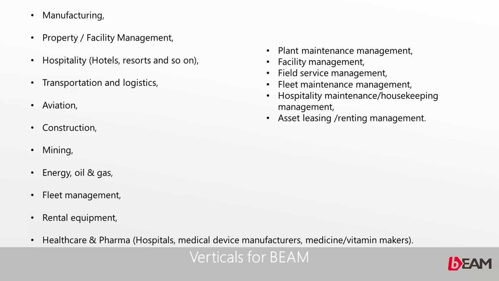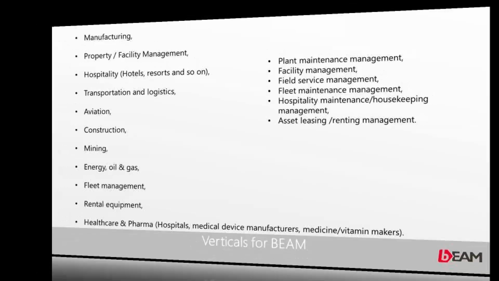In addition, healthcare and pharma industry also enjoy the benefits of BIM. So these are the typical verticals that we offer BIM. And you can perform plant maintenance management, facility management, asset leasing, renting, and maintenance management operations as well.